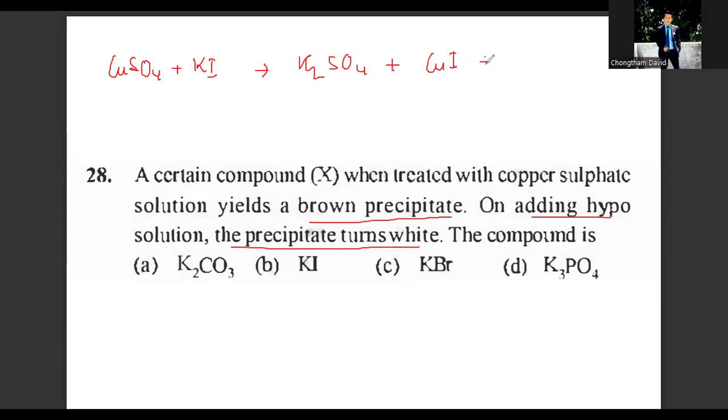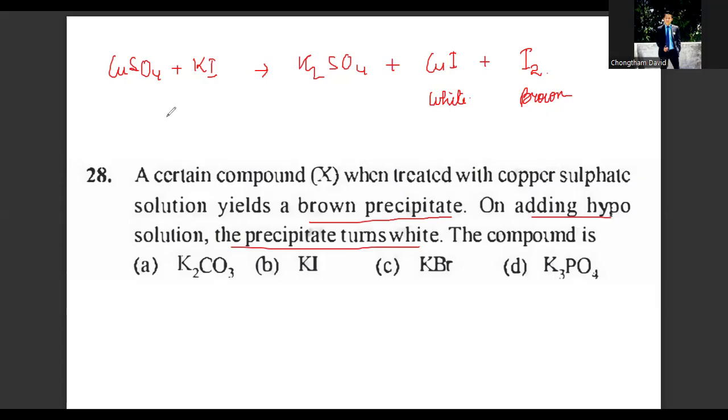Some students have a confusion on cupric and cuprous. The one with the higher oxidation state will always end with -ic. And this is brown in solution. This one is cuprous iodide, your white precipitate.